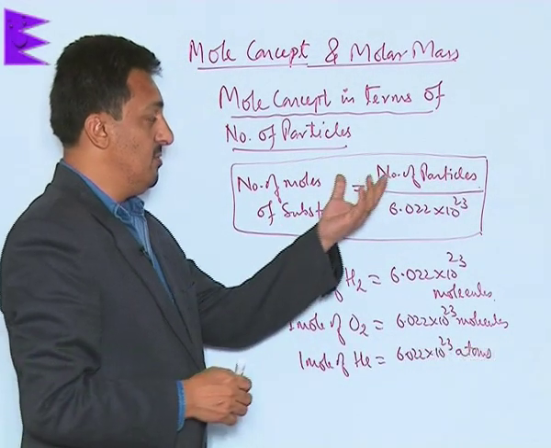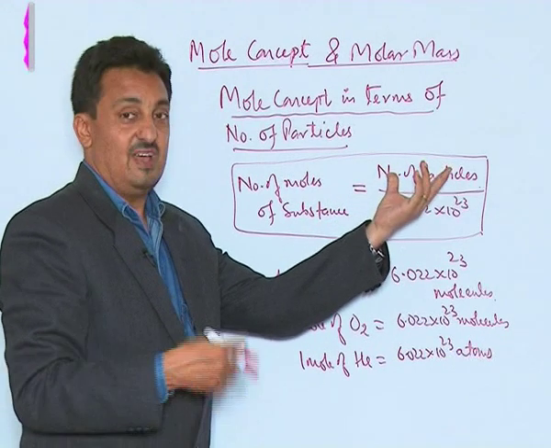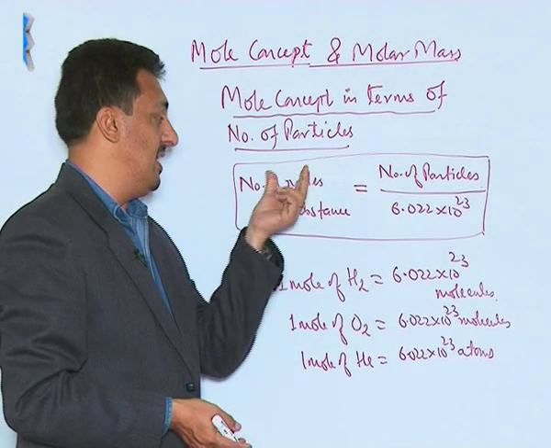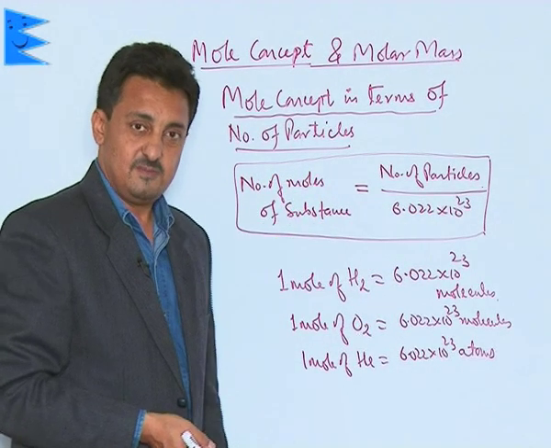So the moment you divide the number of particles which are given to you by 6.022 into 10 to the power 23, what you get is the number of moles of that substance.